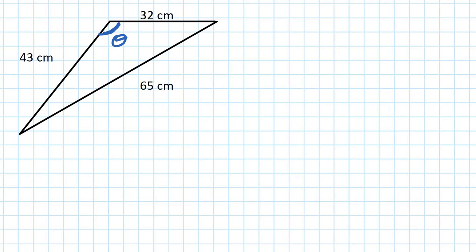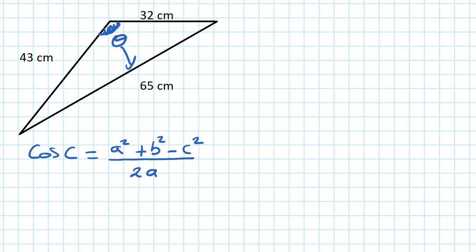You know there's only one angle, because theta just counts as one angle. Therefore you use the cosine rule. This is the angle given, and opposite of this is C. Please keep that in mind for me. To find the angle, the cosine rule is: cos C equals a squared plus b squared minus c squared, all over 2ab. In this case, angle C is theta.